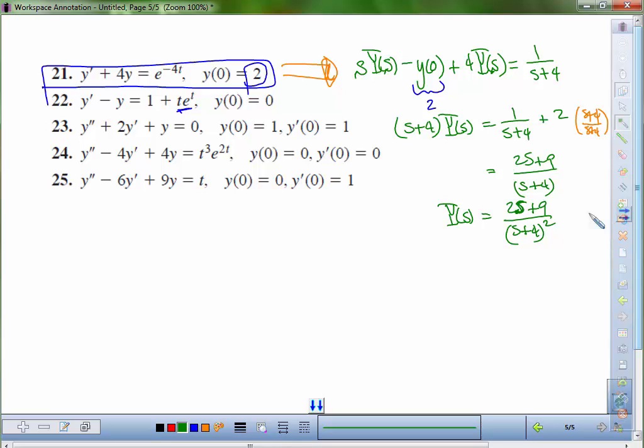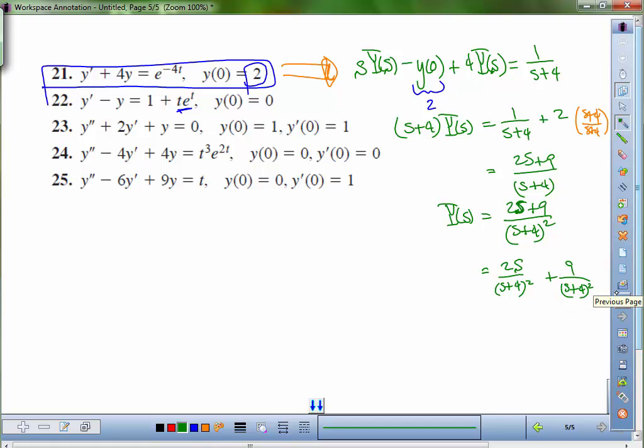And it's by itself, so we can't, I mean, I suppose we can split this up into 2s over s plus 4 squared plus 9 over s plus 4 squared. I don't know if that's helpful.